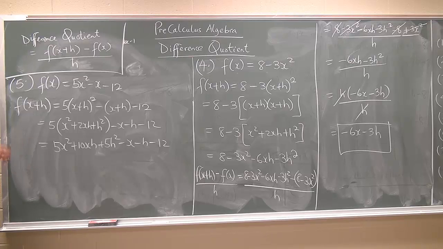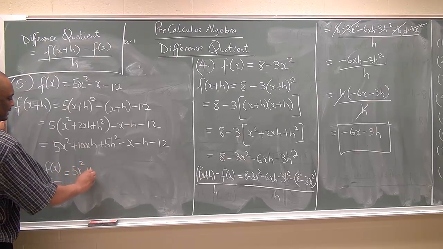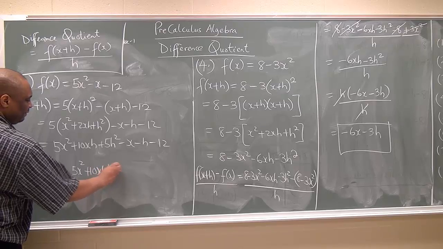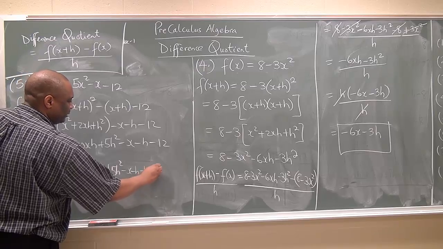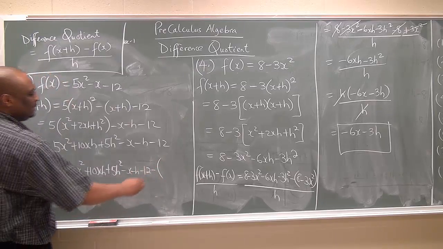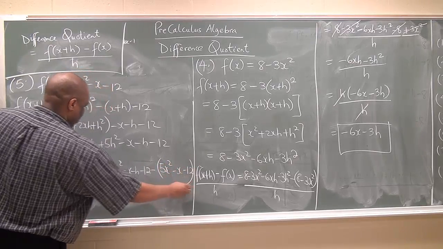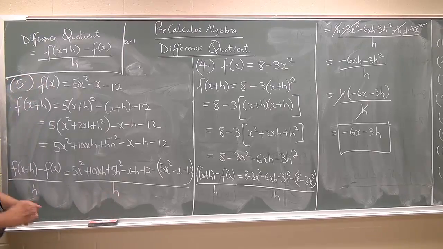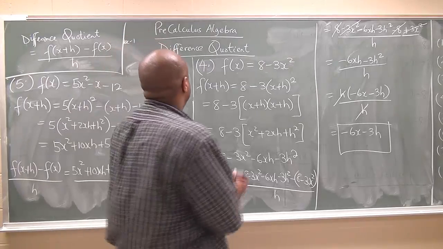So we now have that our difference quotient, f of x plus h minus f of x, all divided by h, is equal to 5x squared plus 10xh plus 5h squared minus x minus h minus 12, minus parentheses 5x squared minus x minus 12, all divided by h. I hope you are understanding it.